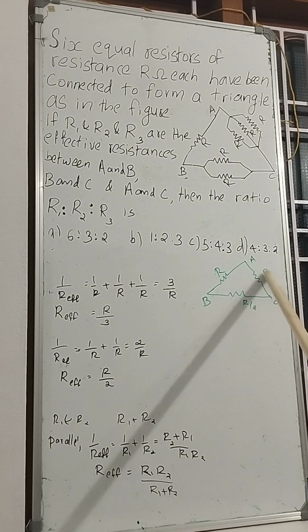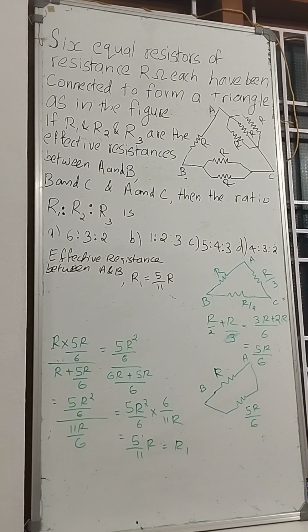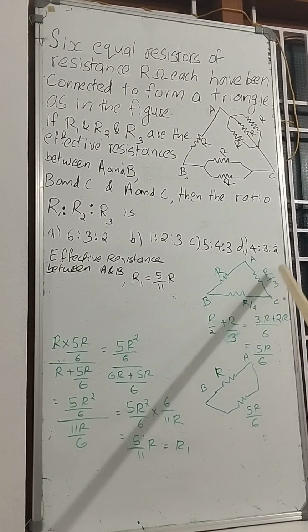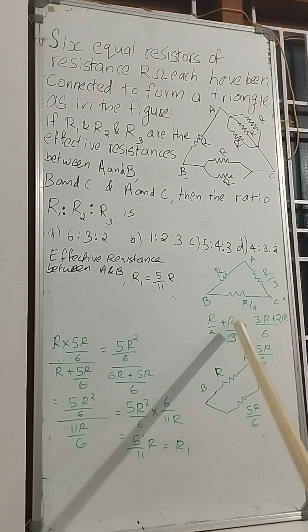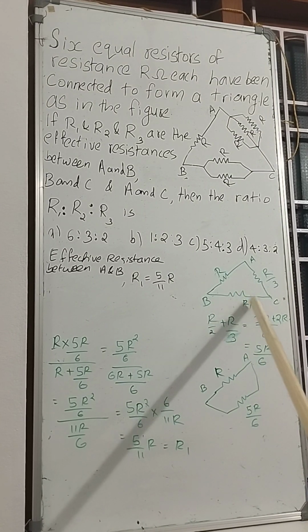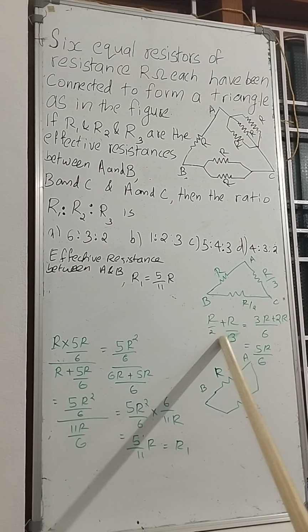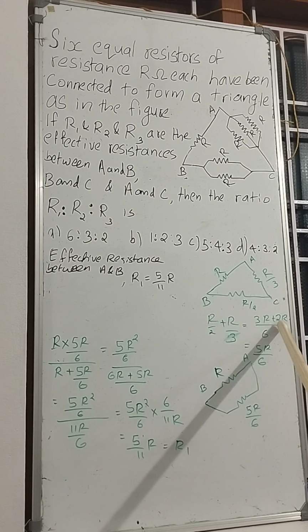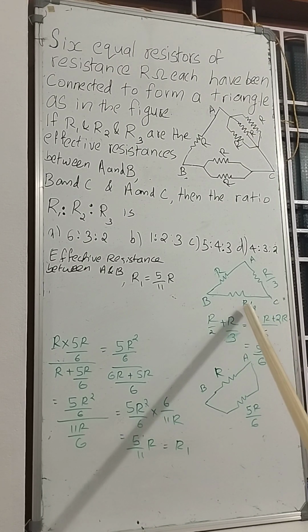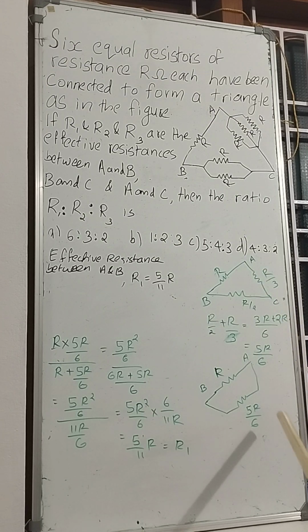So R by 2 and R by 3, they are in series, so their effective resistance is R by 2 plus R by 3, so we are getting it as 5 R by 6.